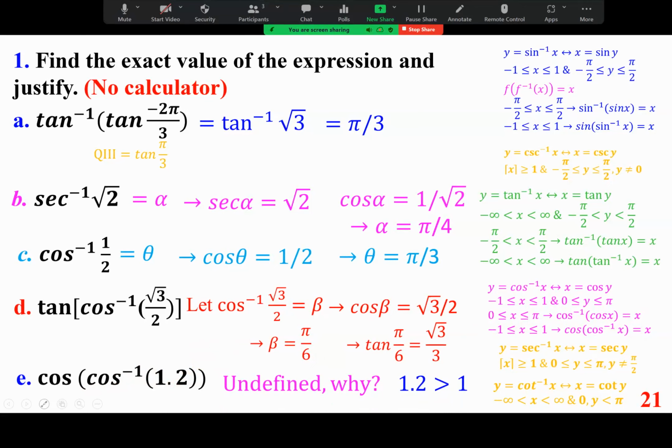Or you might say this is x, and by definition, cosine x equals 1.2, and this has no solutions, because cosine is between -1 and 1.